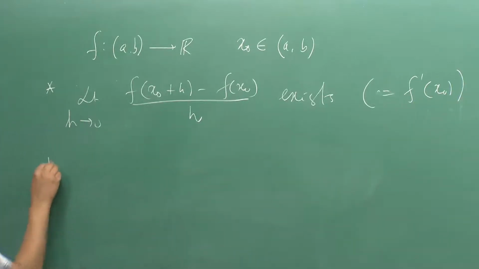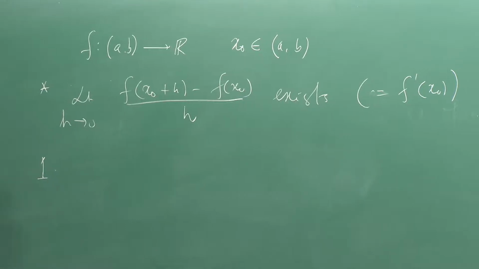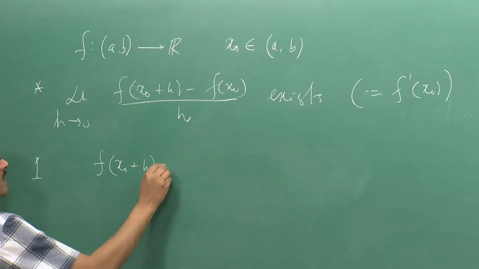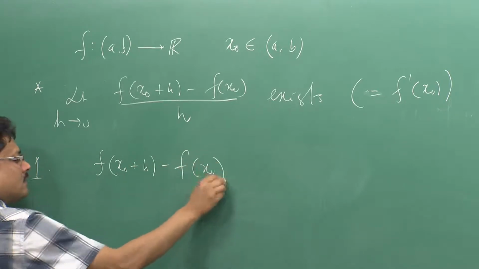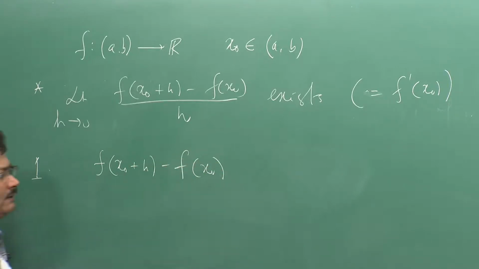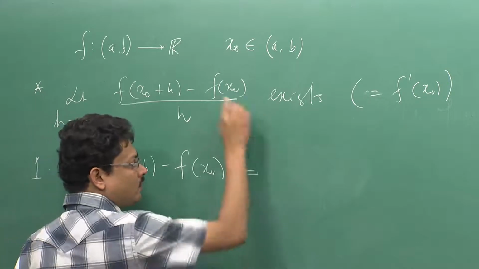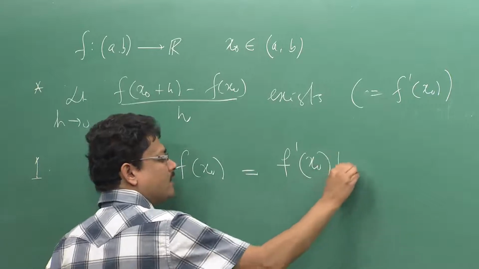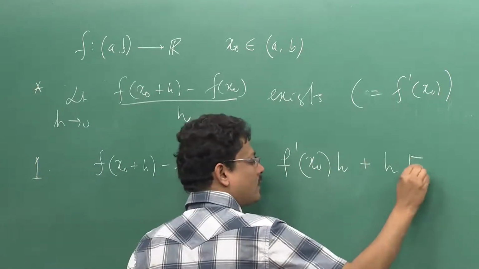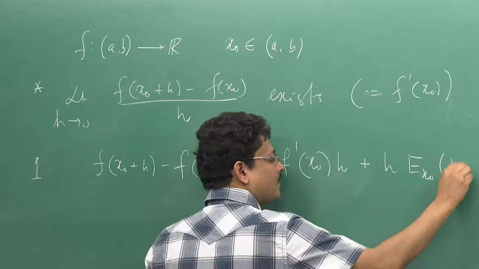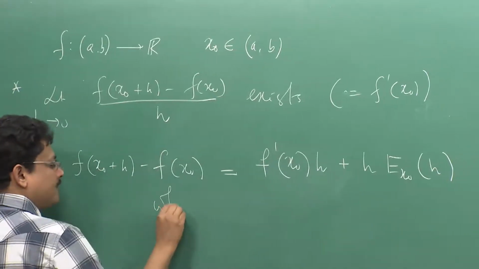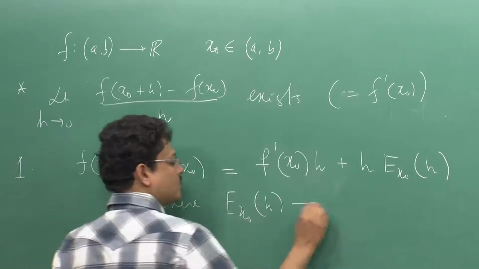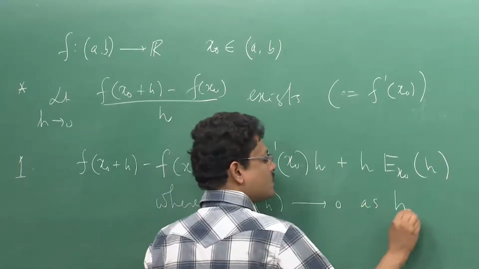We observe what is happening here is actually that this f of x naught plus h minus f of x naught, this increment, from this I can write, is equal to f prime of x naught into h plus h into some error term, which goes to 0 as h goes to 0.